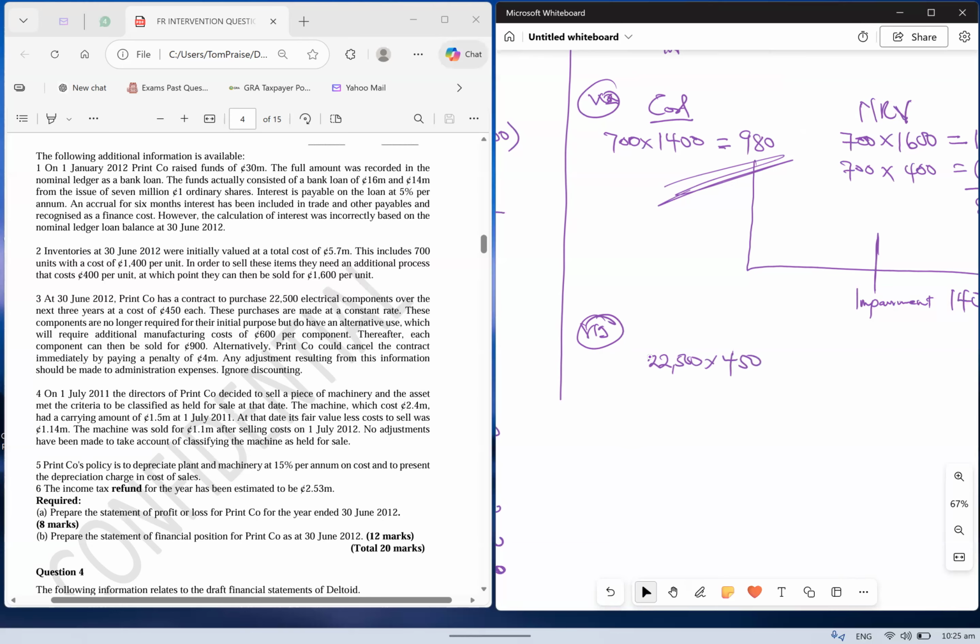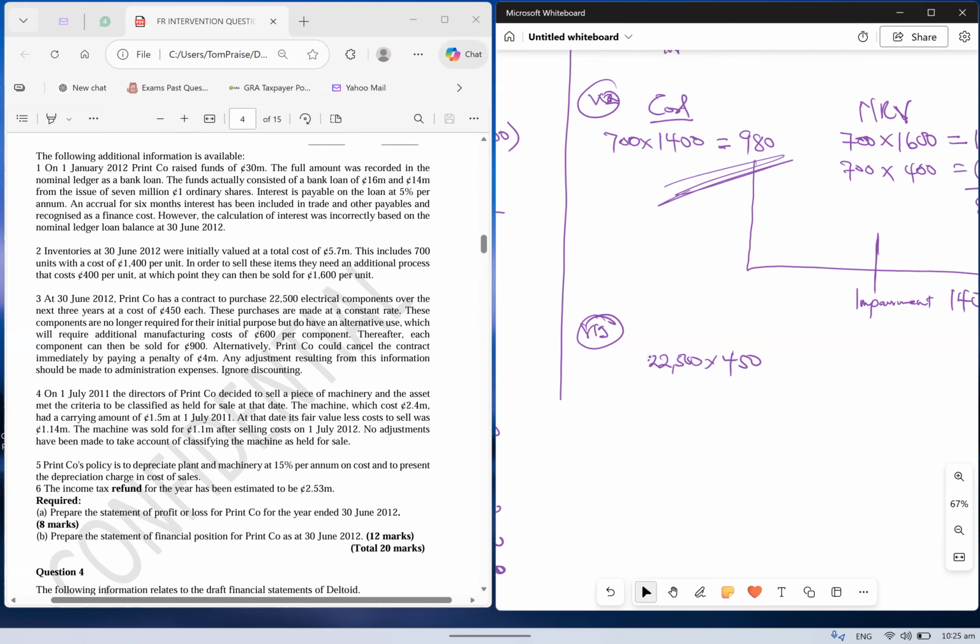And he's supposed to do that over 3 years. So if it is over 3 years, it means we need to capture only 1 year. Because one thing you should know is that the P&L talks about only 1 year, not more than 1 year. But even in this one, it looks as if the contract is done on 30th June. That's the end of the year.